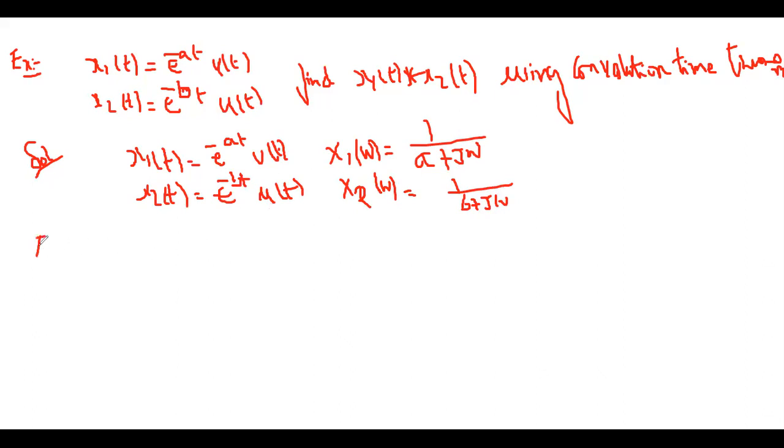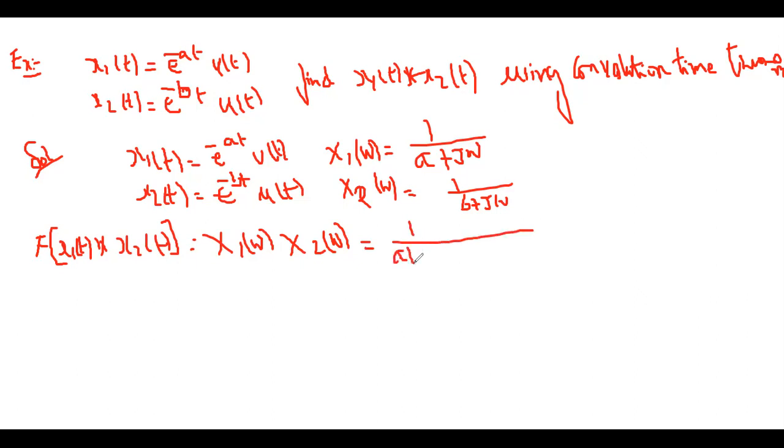Now the Fourier transformation of x1 of t convolved with x2 of t is equal to x1 of omega into x2 of omega. So what we got is 1 by (a plus j omega) into (b plus j omega).